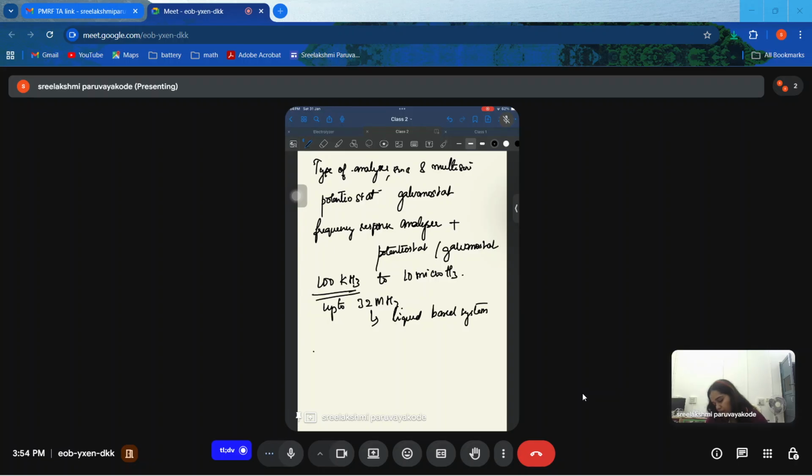So when the frequency is reducing, when we are going to the lower frequency regime, we know that the period is inversely proportional to frequency. So when frequency is reducing, the time taken to get the data for a cycle is increasing.